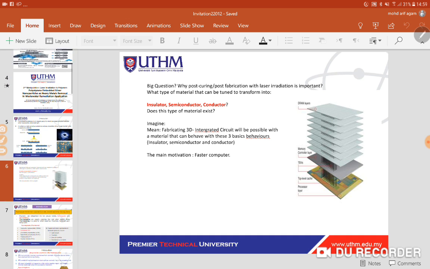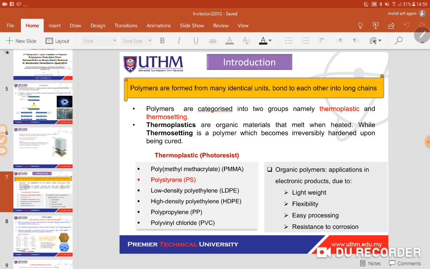Okay, so that is our motivations. Therefore, we need to understand what polymers are. Polymers are identical units bonded to each other into long chains, and they can be categorized as thermoplastics and thermosetting. Thermoplastics are organic materials that can be melted by heat, while thermosetting polymers become irreversibly hardened upon being cured.